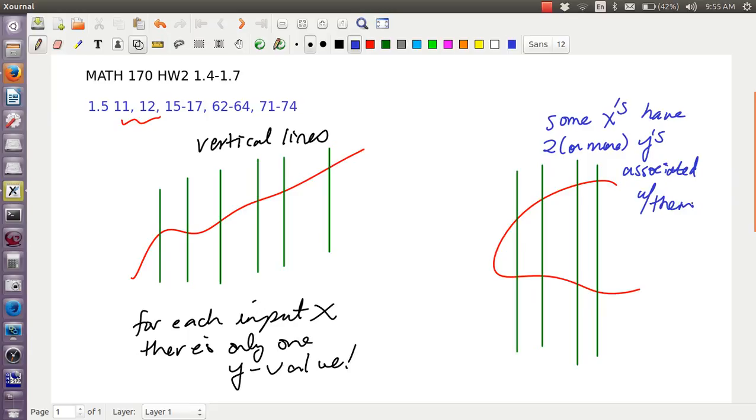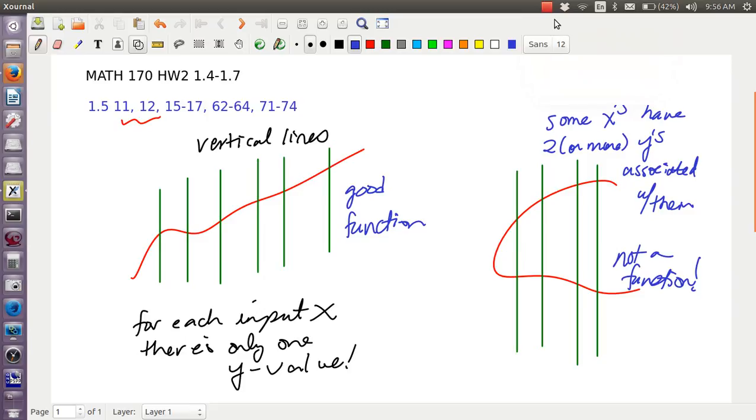So this would be a good function over to the left, and over to the right is not a function. Okay? So that's what you're supposed to do. That's it. It's a very, very easy question.